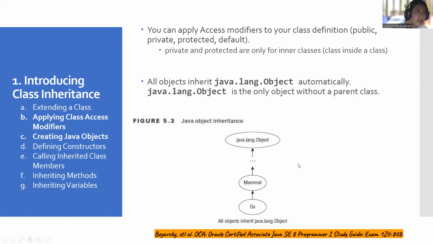If you remember sa autoboxing last time, diba? We had an int and then it was autoboxed to an integer. And then it was accepted to a method that accepts object. That happens because integer inherits the object class. So it's still considered one of the object class.